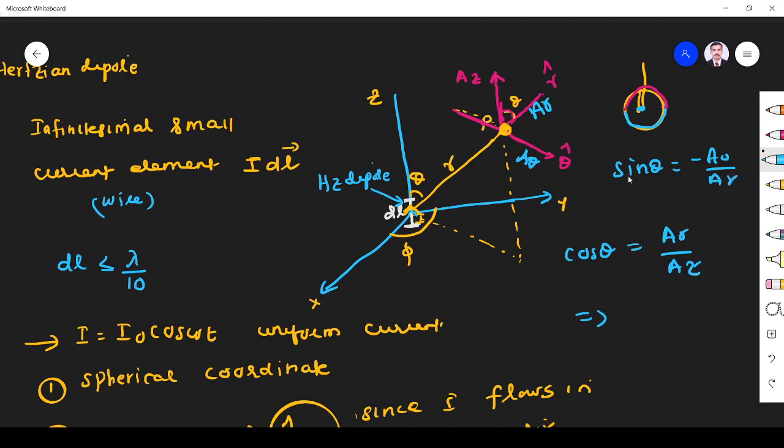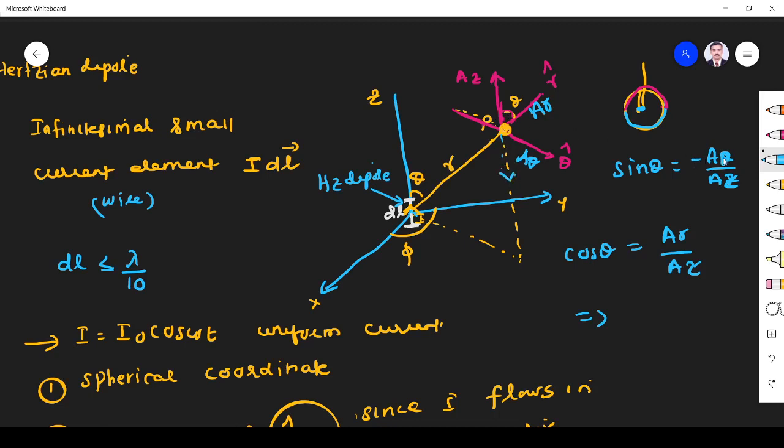So simply A theta is equal to minus AZ sin theta. Sin theta is opposite by hypotenuse. The hypotenuse is AZ only.